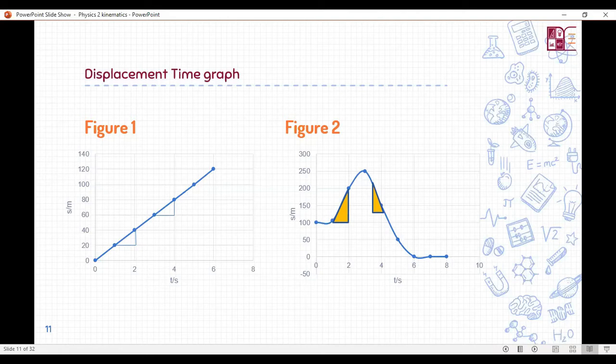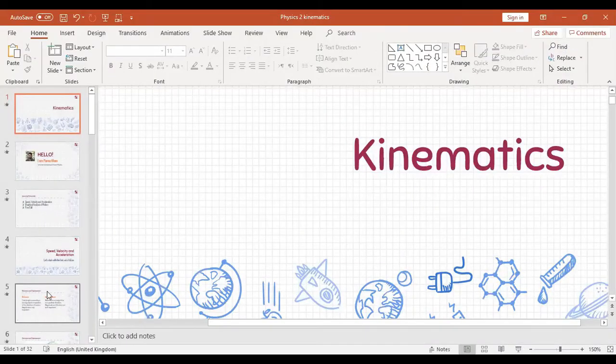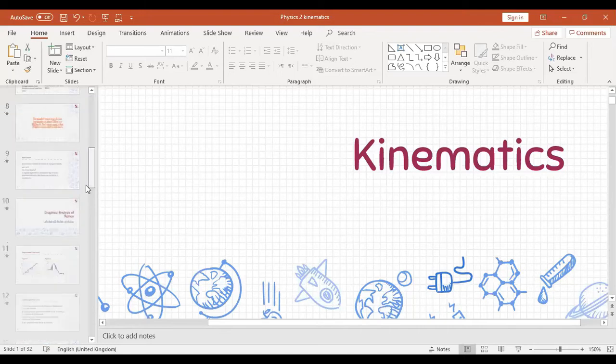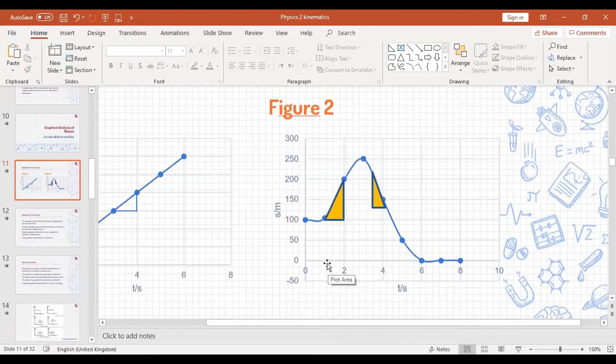Now, let's say I am trying to show you what the distance moved is from the time between t1 and t6.